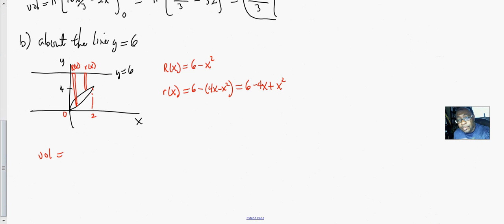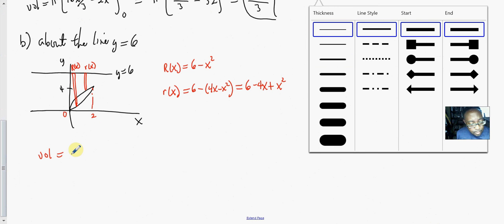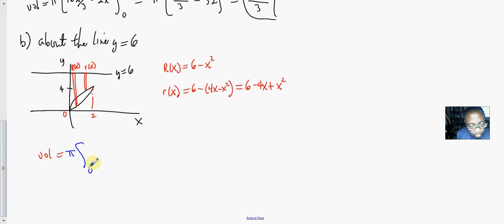So the volume is pi times the integral from 0 to 2 of capital R of x, this is 6 minus x squared, to be squared, minus little r of x, which is 6 minus 4x plus x squared, to be squared, dx.